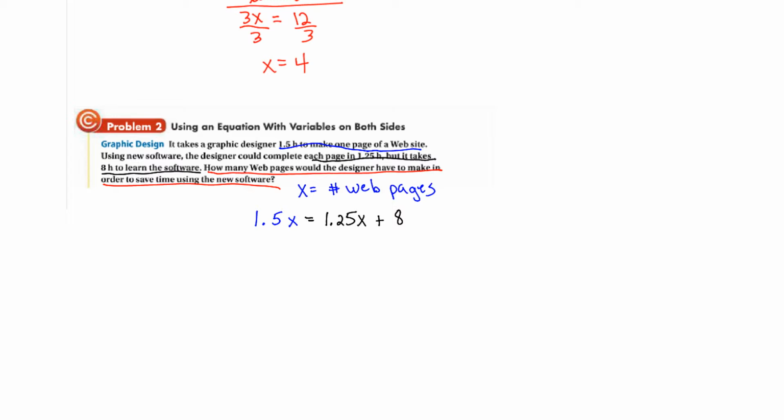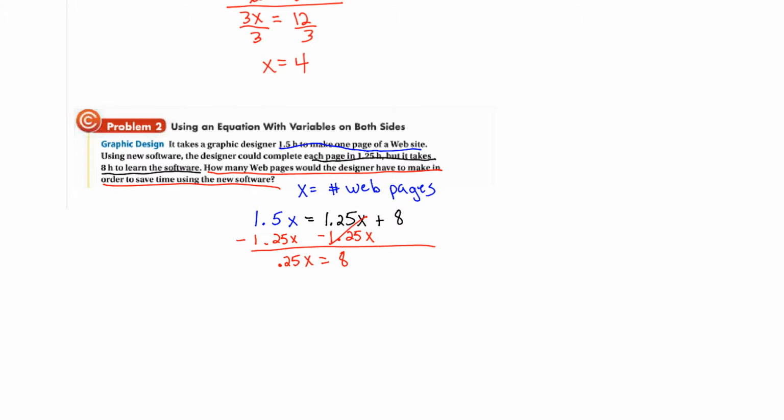I'm going to get my variable terms on each side. 1.25 is smaller than 1.5, so I'm going to subtract the 1.25x from each side, and then I get 0.25x equals 8.